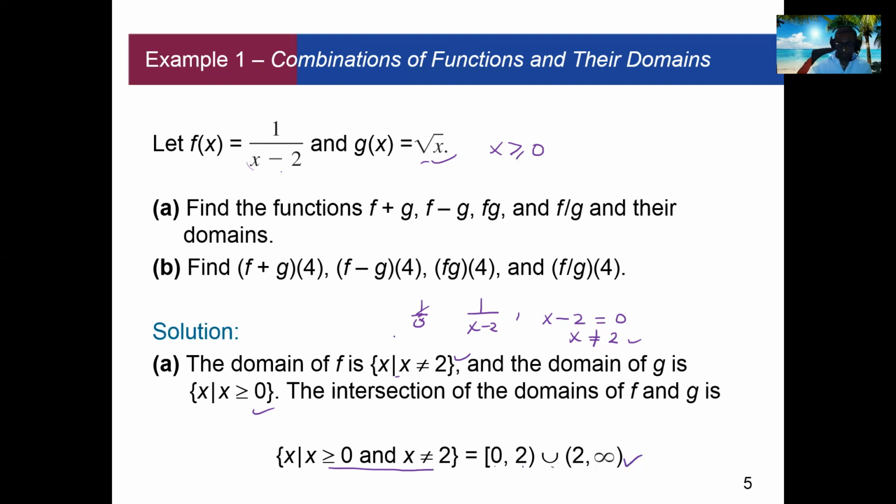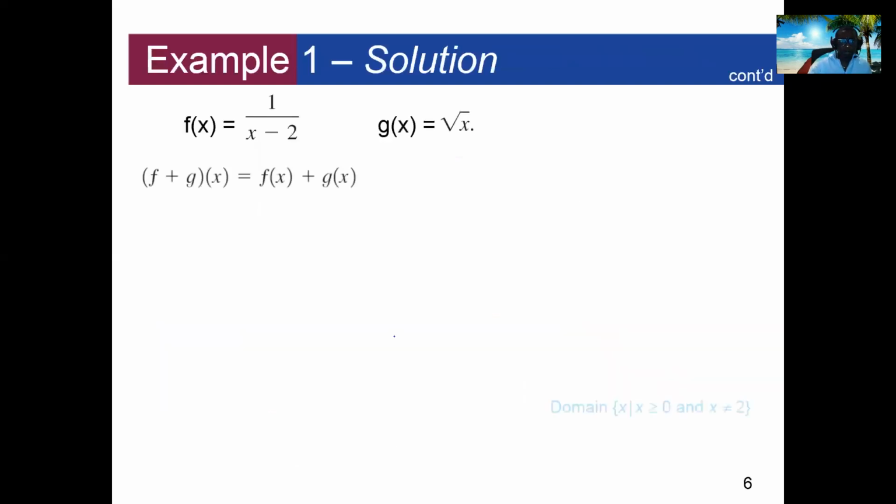That would be the combination of the domains of these two functions, f and g. So now let us find the various functions. As we said, (f plus g)(x) is equal to f of x plus g of x. That is equal to 1 over x minus 2, because that's your f of x, plus your g, which is the square root of x.